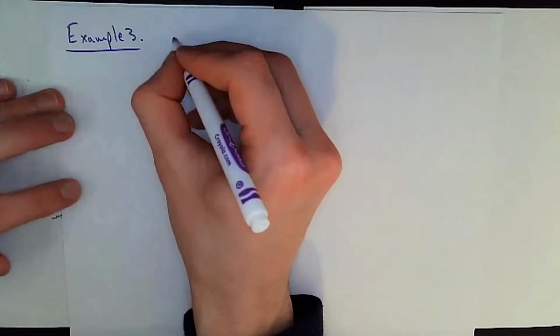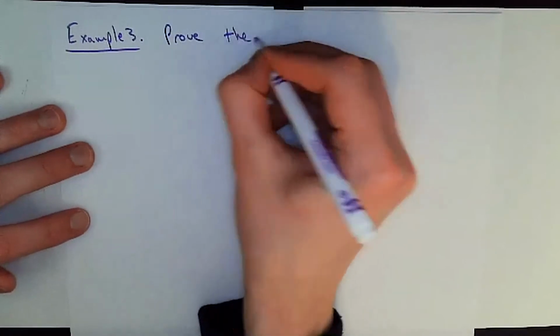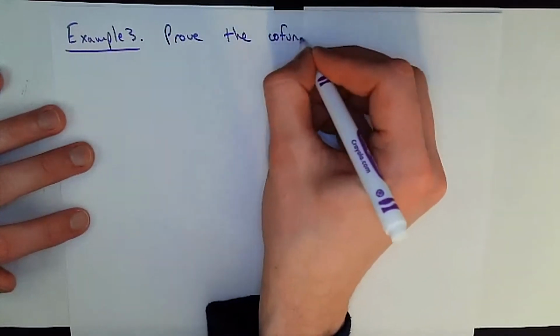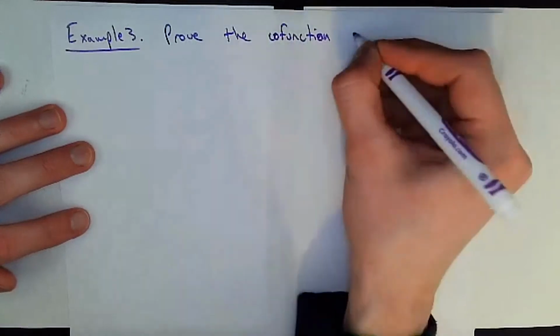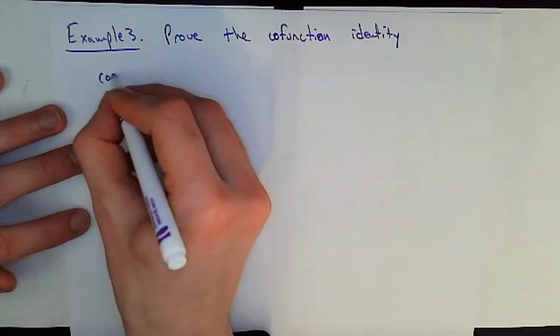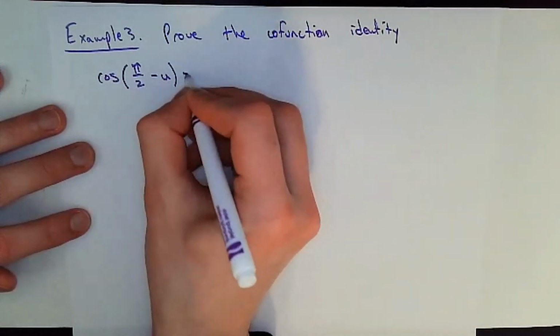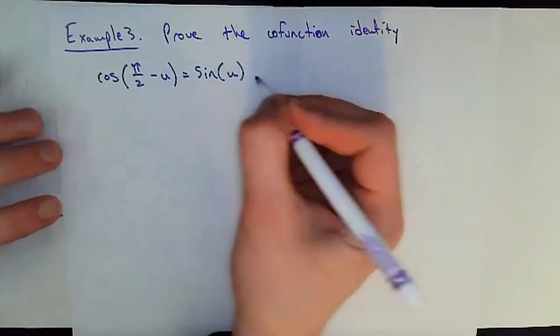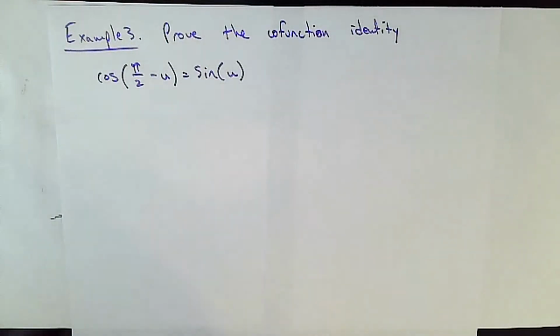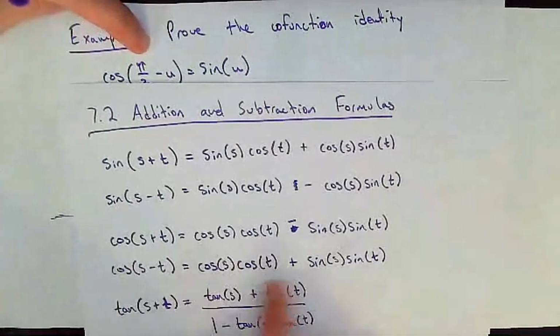Just as another practice using these new formulas, prove the cofunction identity cosine of pi over 2 minus u is equal to sine of u. So remember that from section 7.1, cofunction identity. What do I mean prove it? Well, you have a formula that tells you how to deal with the difference inside of a cosine function.